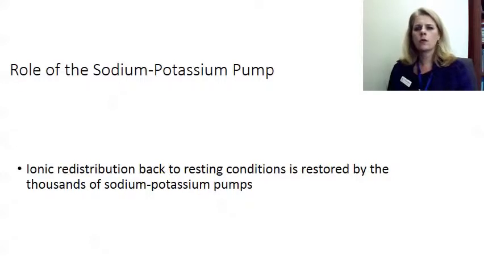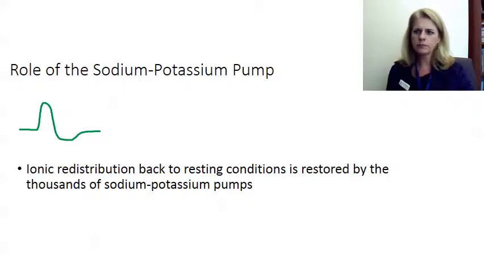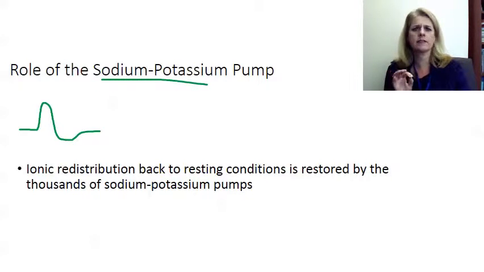All right, so when we have our action potential and we do our depolarization, repolarization, and hyperpolarization, something has to basically reset the battery and bring us back to rest and get us to where we were before so that we have a lot of potassium inside the cell and not so much sodium inside the cell. And that's the job of the sodium-potassium pump.